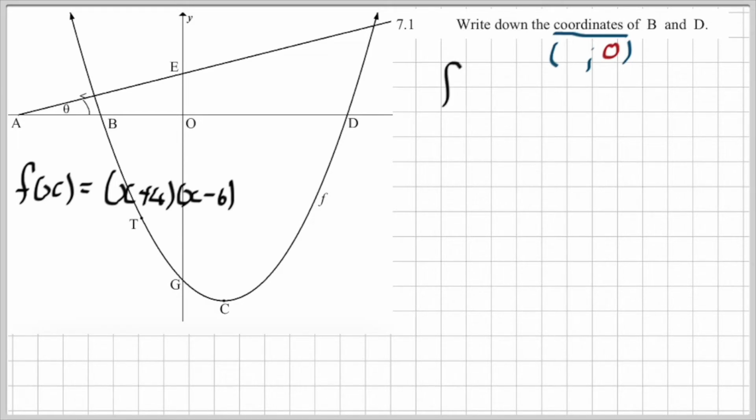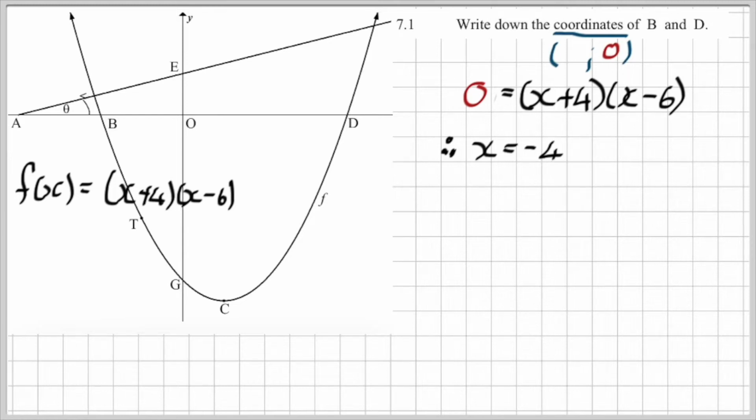When I look at the x-intercept of that equation, I know I've got to make y 0. So that gives me x equal to -4 and x equal to 6. Always, my students, put the information down on the sketch. So if I've got -4 and 6 there, I've got it.